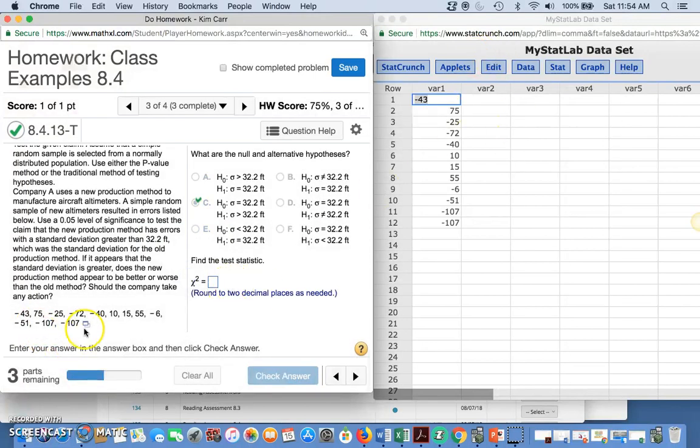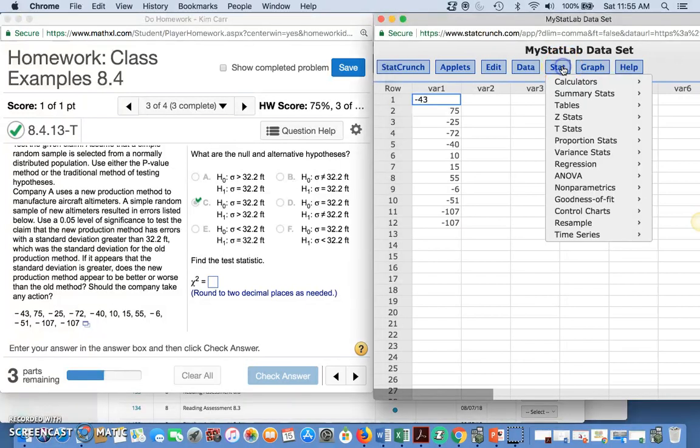Okay, I've already put this in StatCrunch so that I would have everything as much opened as I could before I started the video. Now, this part we're going to do just like we've been doing. Stat, we'll go to variance, and we'll do one sample, with data.